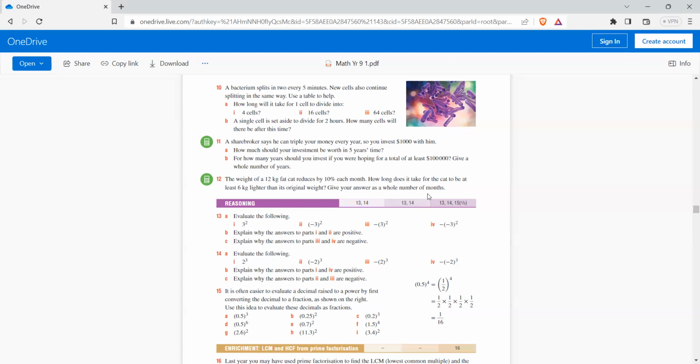So there are two parts in question 10: A is asking this one, B is asking this one. While solving the question you will understand it properly. So let us start solving the question.